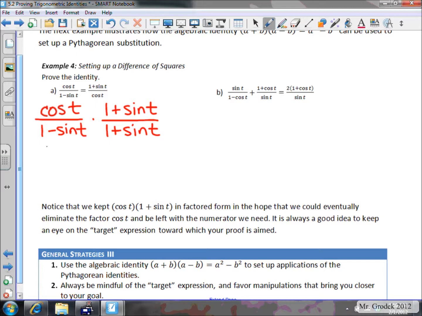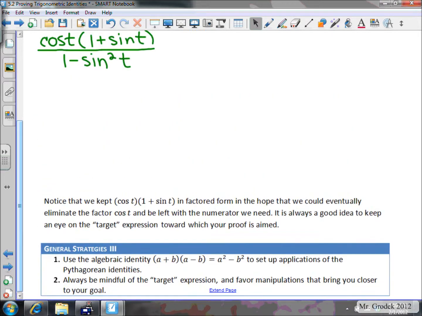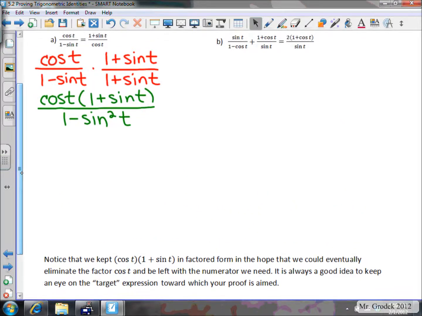When you do that, we'll have cosine of t times 1 plus sine of t over 1 minus sine squared of t. From our previous problem, we know that 1 minus sine squared t is really equal to cosine squared t.